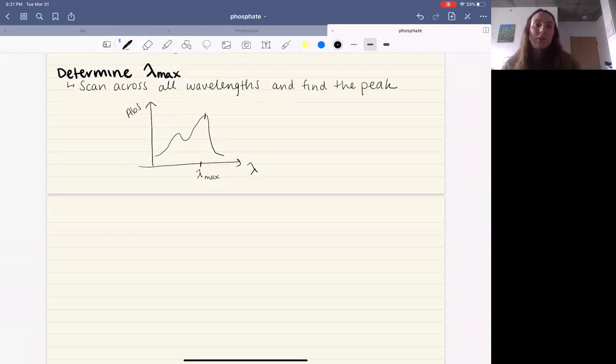Next, in this experiment, you'll again be converting your phosphate into this complex that's blue, and it might be helpful to know how long it takes that reaction to go to completion so that you're not putting your sample in too early. So this is called the time determination step.